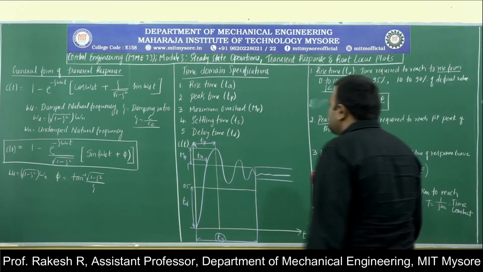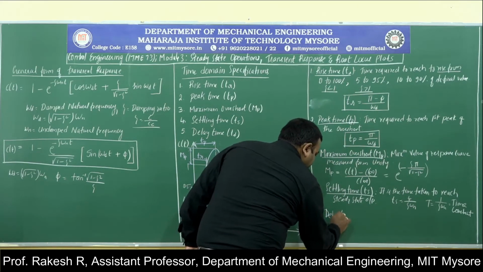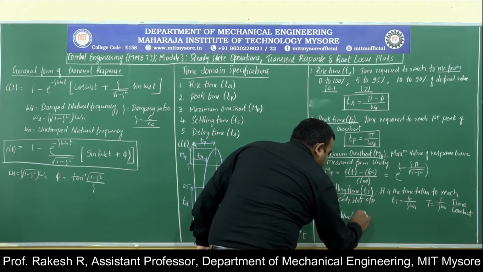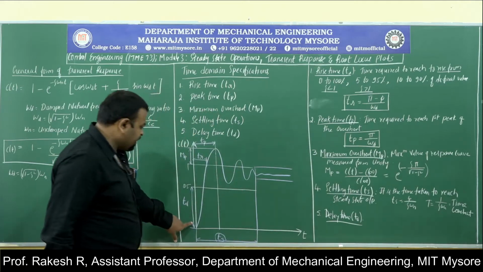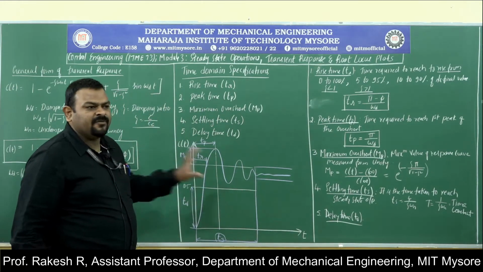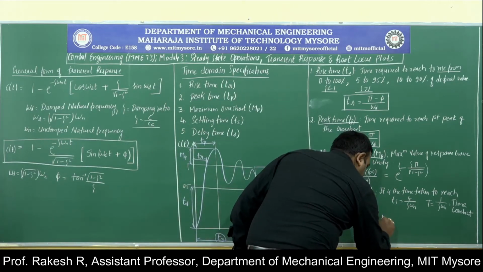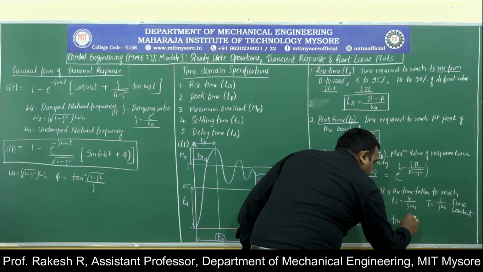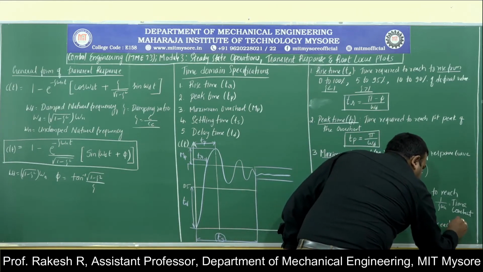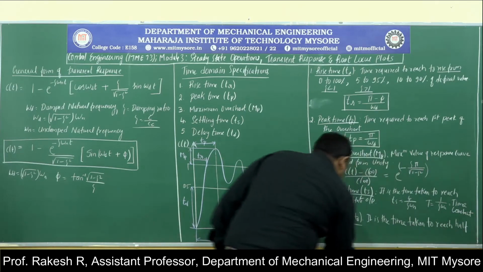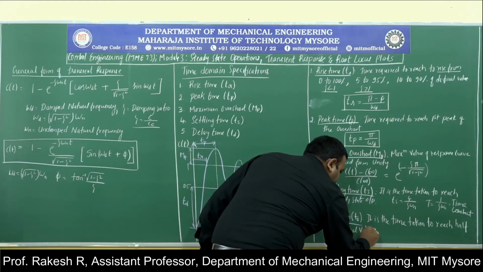Then another one is the delay time, or time delay, we will call it, denoted by TD. Delay time is the time taken to reach half of its final value.